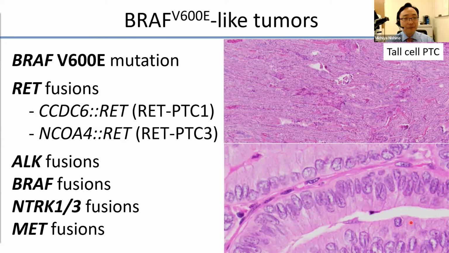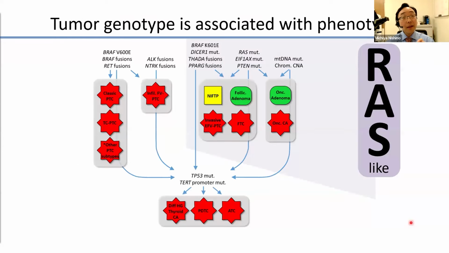So that's BRAF-like tumors. In contrast, RAS mutations and these other RAS-like alterations are specific for follicular pattern neoplasia, but not necessarily for malignancy, because these RAS-like alterations can be seen in benign and low-risk neoplasms as well as their invasive malignant counterparts.